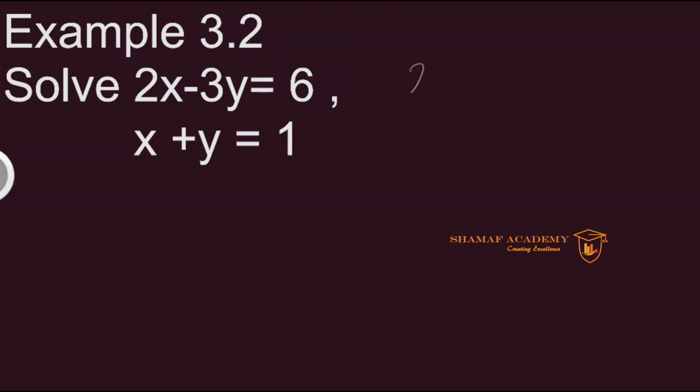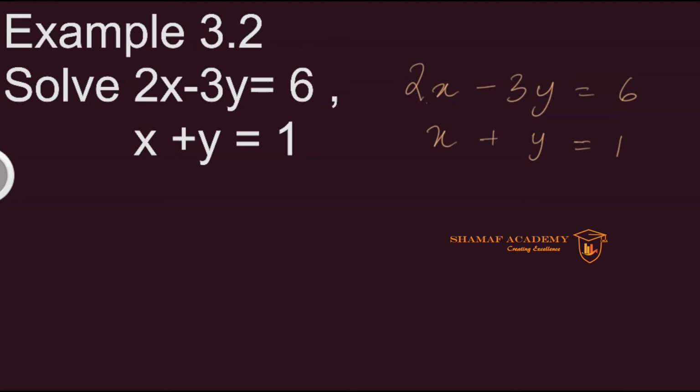We have two equations, 2x minus 3y equals 6, and then we have our second equation, which is x plus y equals 1. All right, so here we have our equation number 1 and equation number 2. I need to multiply x and y by something that matches this one.